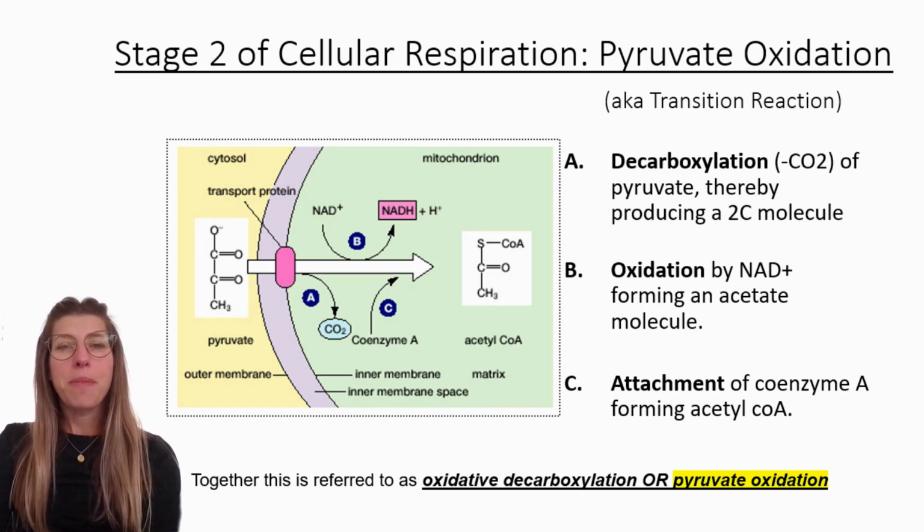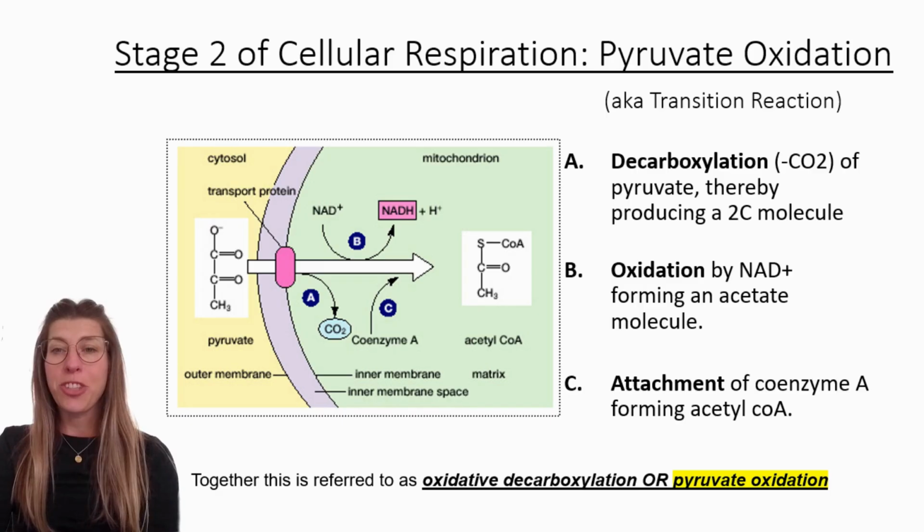We can see that the pyruvate is originally located in the cytoplasm because it is the product of glycolysis. However, this is how it moves into the mitochondria through this transition reaction. There is a transport protein embedded in the outer membrane of the mitochondria, and this accepts the pyruvate and allows it to pass through.